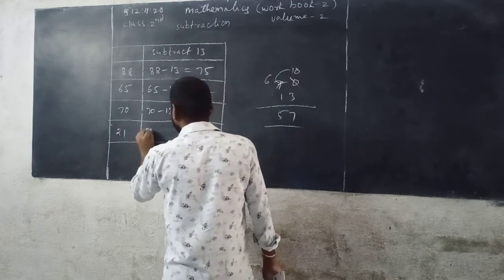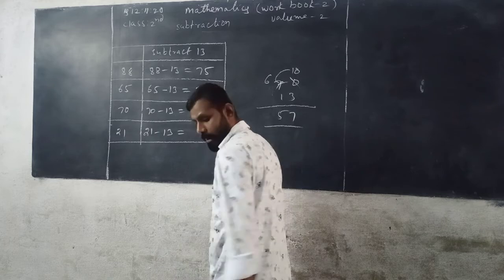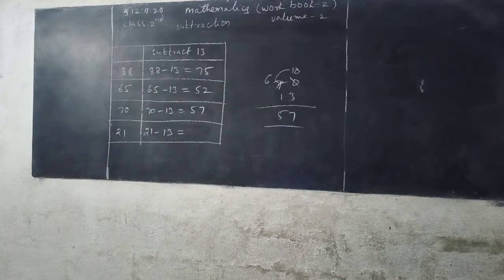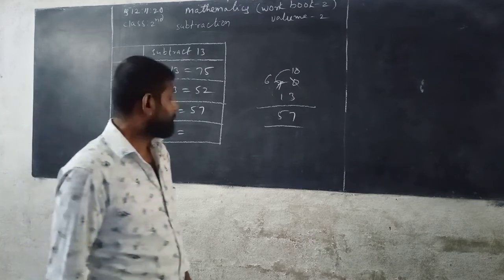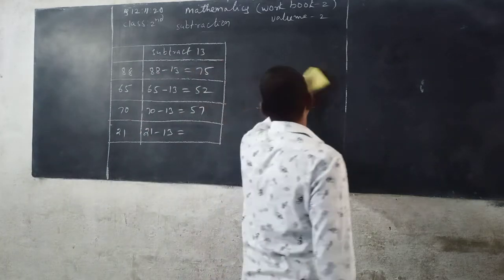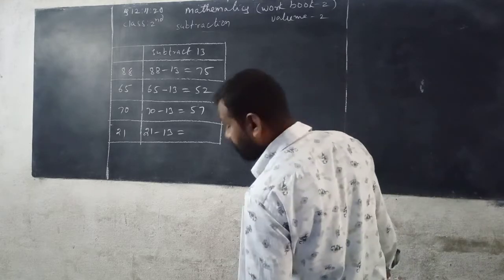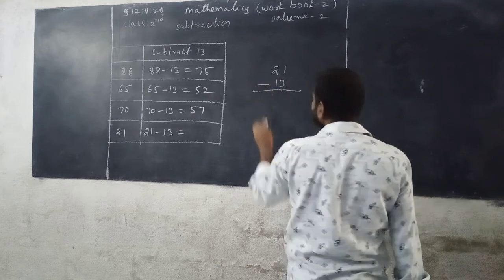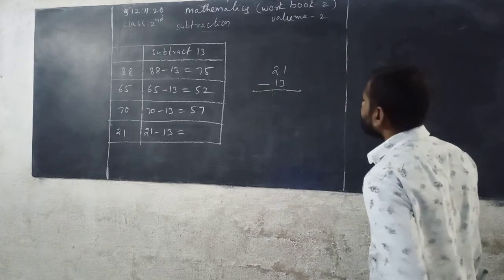Next, 21 minus 13. 1 minus 3, not possible.